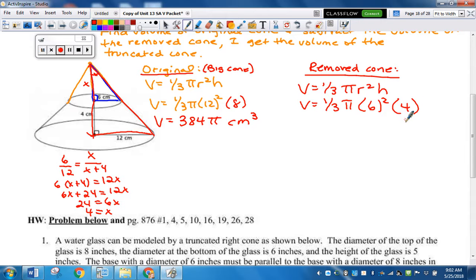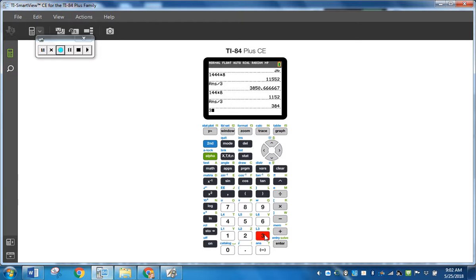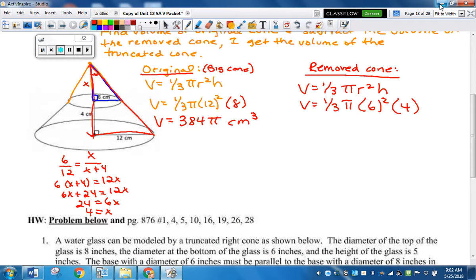Plug my numbers in. So I've got 36 times 4 divided by 3. So it looks like 48 pi for the smaller cone that I removed, centimeters cubed.